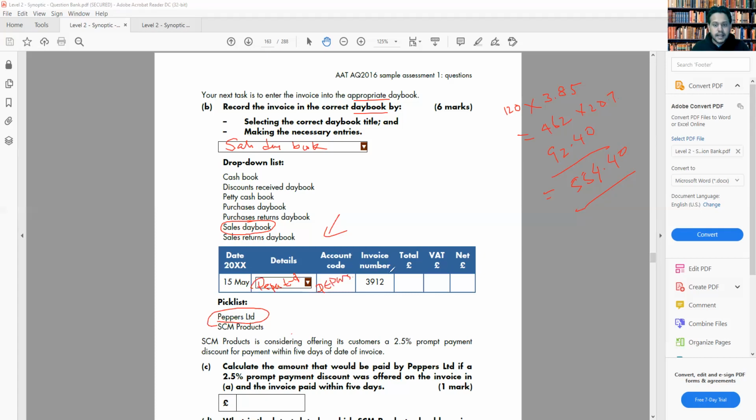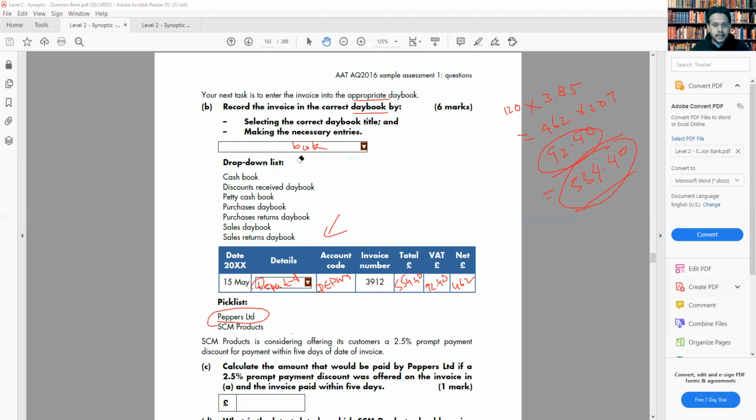PEP003. And the amount, we already calculated the amount, 554.40. The VAT 92.40, and the net 462. This is just what we calculated before. Everything we just copied. All right, let's move to the next one.